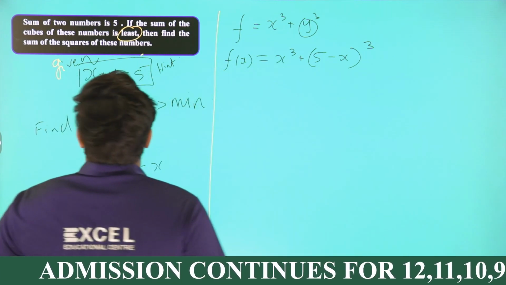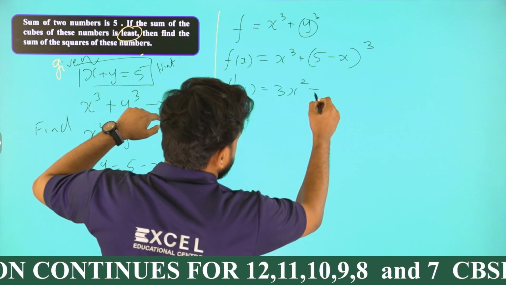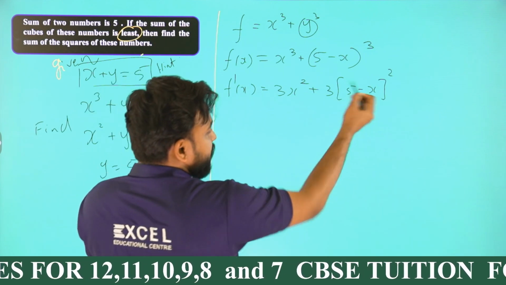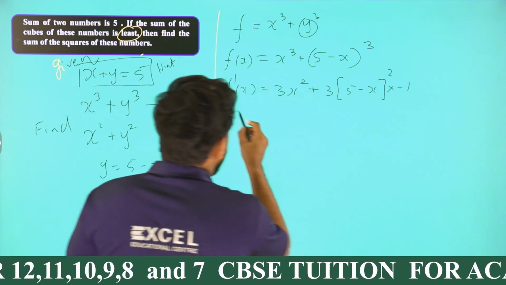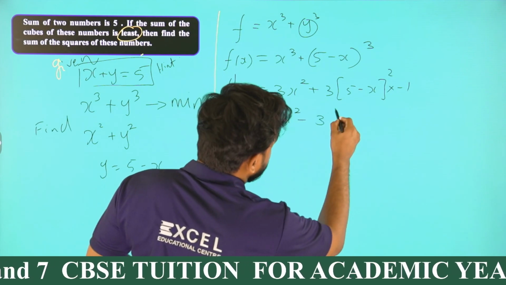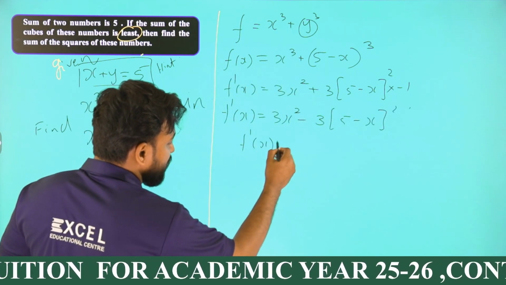Listen. f dash of x is what? 3x square plus 3 times 5 minus x the whole square, and it's chain rule. The derivative of 5 minus x is minus 1. So your f dash of x is 3x square minus 3 times 5 minus x the whole square. So the critical point is at f dash of x equal to 0.